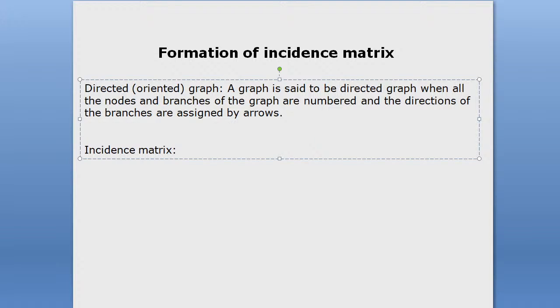Any confusion? Graph theory, coupled circuit and network synthesis will be in the semester exam? No, graph theory must be included in the semester exam. But coupled circuits, we have discussed a little bit so far, mutual inductance and self inductance.